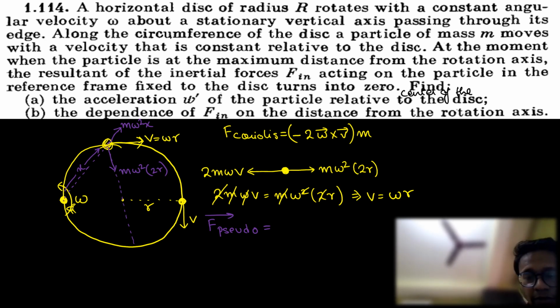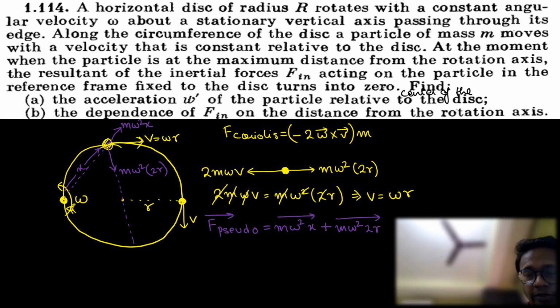So the total pseudo force is m omega square x vector plus m omega square 2r vector. Here m is a scalar quantity, and although omega is a vector quantity, omega square is a scalar quantity. Why? Because the square of any vector is a scalar. For example, v dot v is v square, or half m v square, which is a scalar quantity.